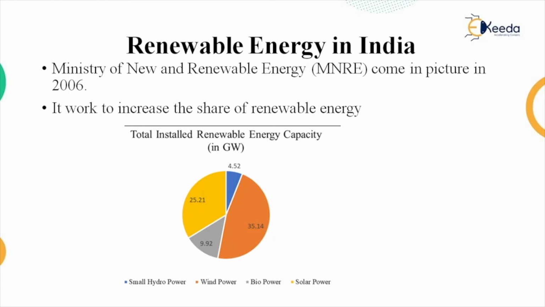Existing fossil fuels are depleted day by day, so we have to set up renewable energy plants as much as possible. Also, India has focused on increasing per capita energy consumption, so that the economic growth of India will increase.